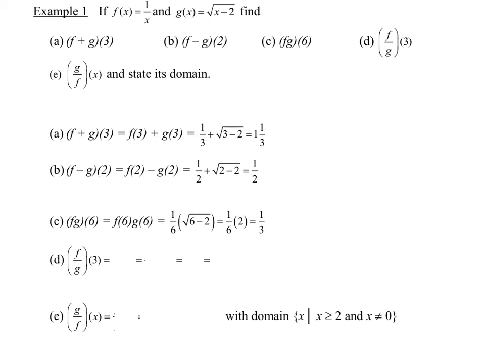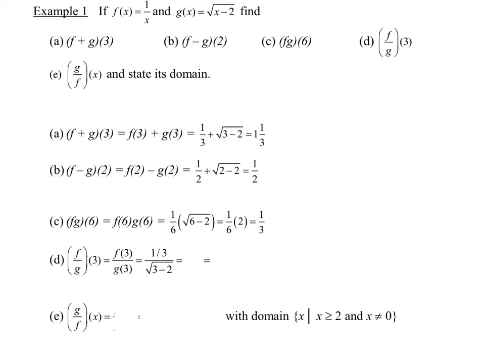In these next ones, we have f divided by g of 3. So again, we'll just plug 3 into f, we'll plug 3 into this, and then divide those two things. So in this case, we'll get f of 3 divided by g of 3. That's 1/3 over square root of 3 minus 2.